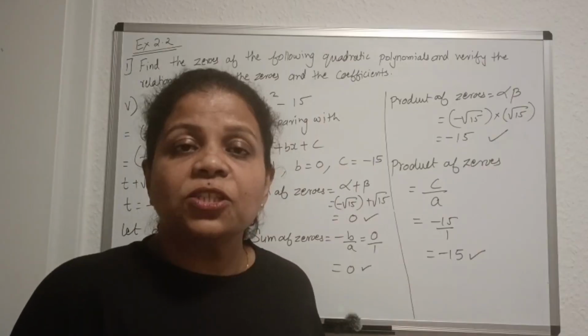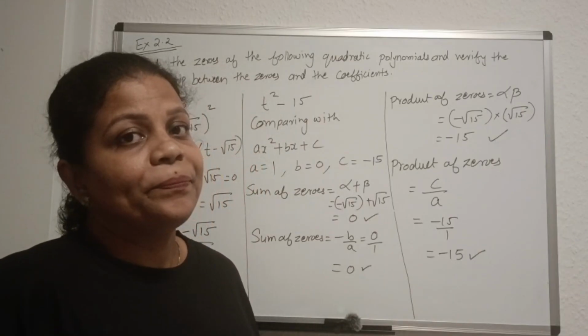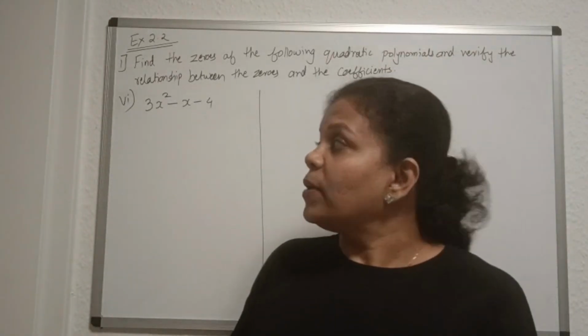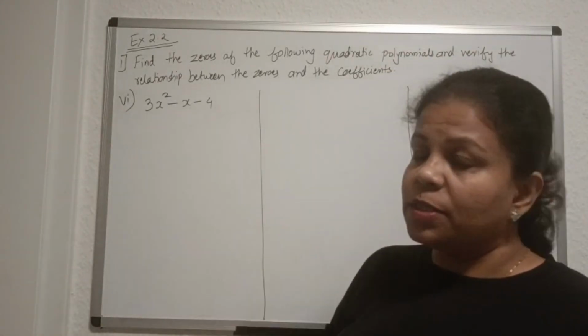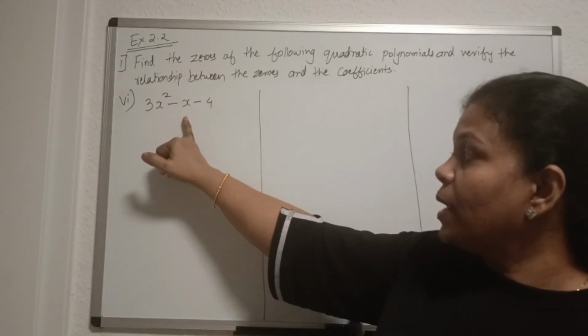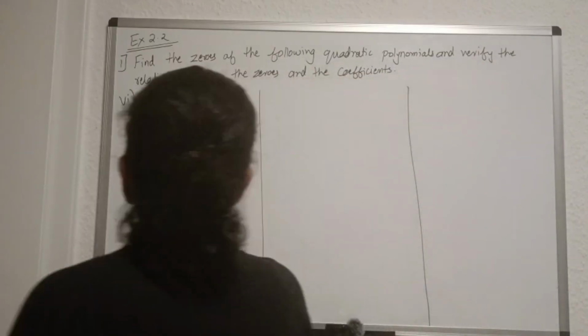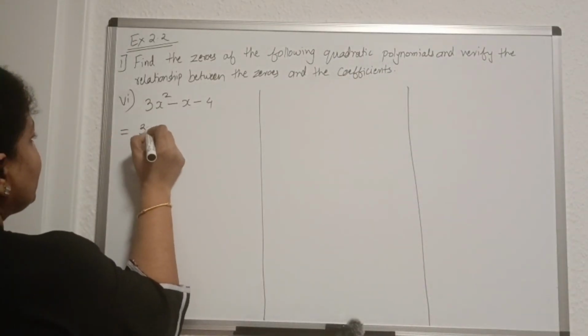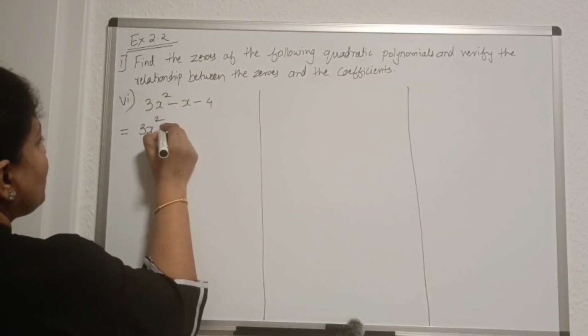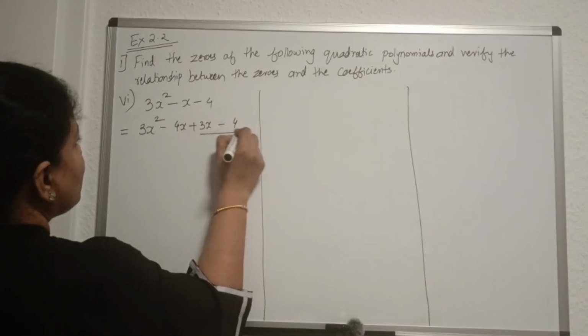Let us go to the last question of this main question number 1. Okay, so now let's start with the sixth sub question, that is 3x square minus x minus 4. This is again a quadratic polynomial where we can go for middle term splitting. So let us do middle term splitting here. 3x square, this is 12, means minus 4x plus 3x minus 4.